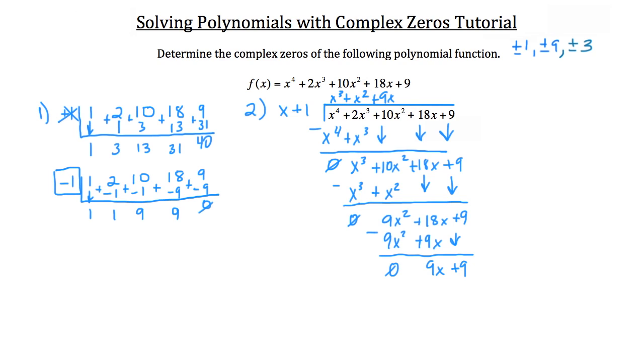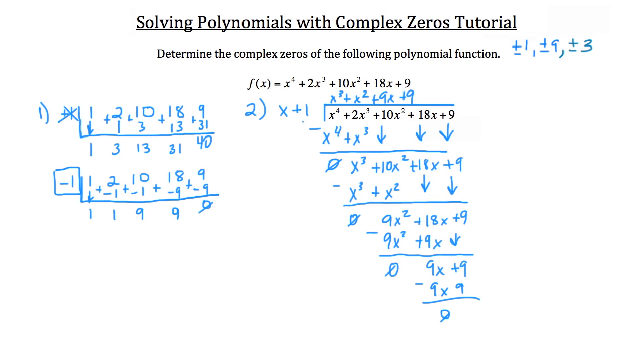We want to ask, what do we multiply x by to get a 9x? Well, we multiply it by a positive 9. So 9 times x gives us 9x, and then 9 times this 1 gives us 9. We want to subtract. 9x minus 9x is 0, and 9 minus 9 is 0. So we do know that x plus 1 was a factor.